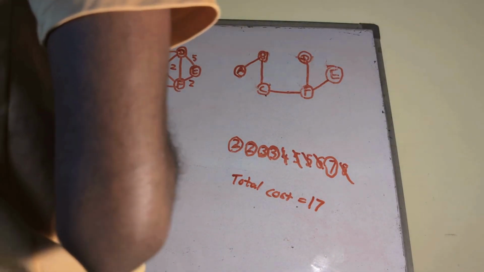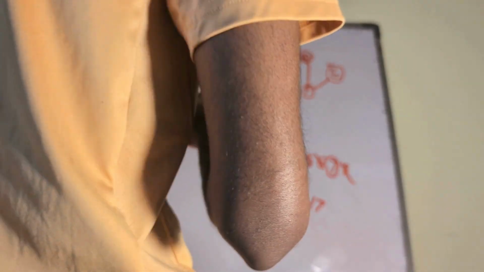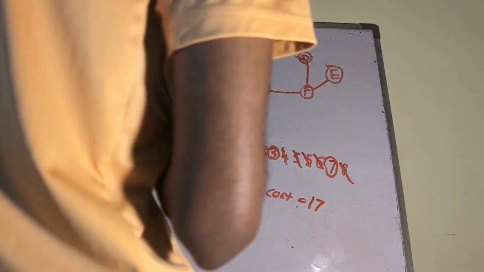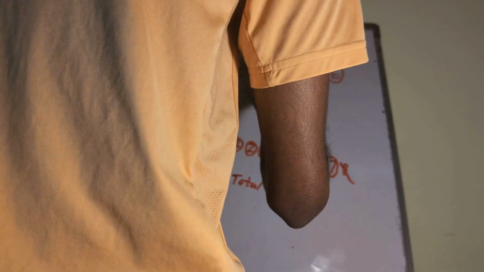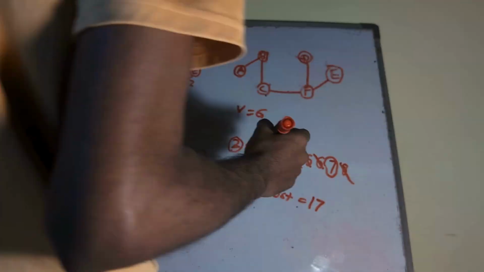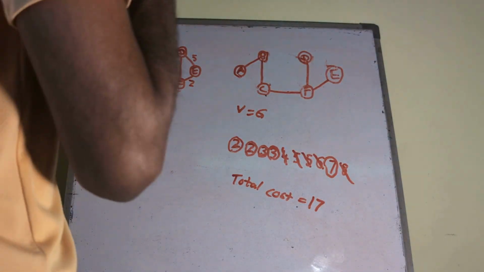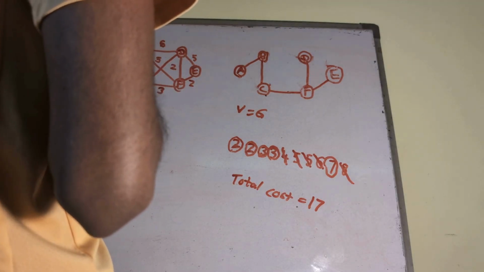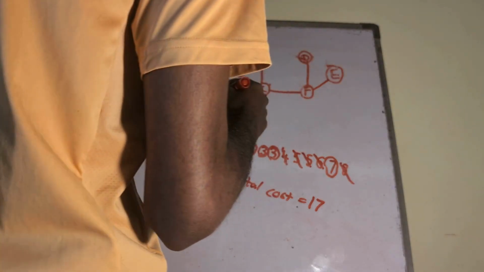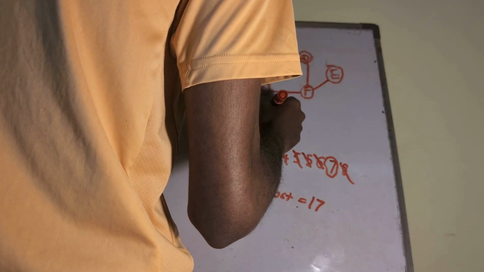So we can see the number of vertices in this graph is 1, 2, 3, 4, 5, 6. This one is 6. I previously mentioned V minus 1. V minus 1 gives you the number of edges in the minimum spanning tree of this graph. So 6 is the number of vertices, so that is 6 minus 1.